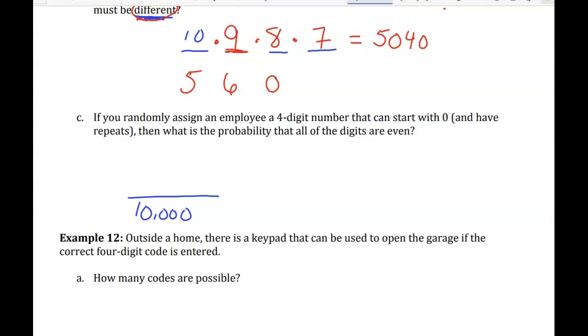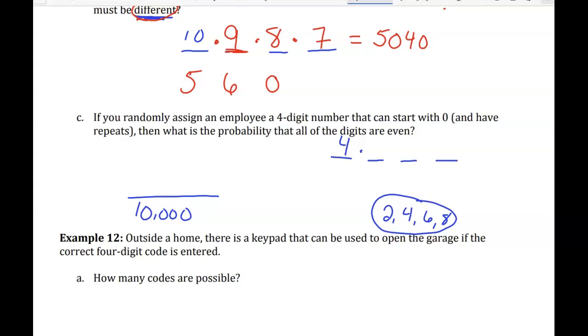But we want all the digits to be even. So let's think about all 4 digits being even, and we can have repeats. The even numbers are 2, 4, 6, and 8. Remember, 0 is neither even nor odd. So we have only 4 numbers that are even.